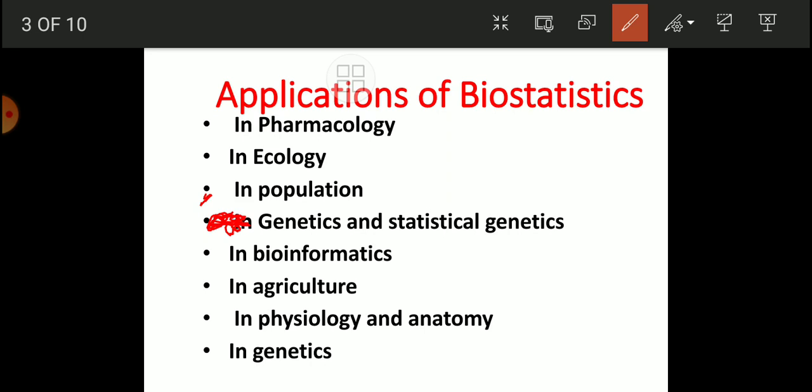We know that we have been studying plants which have a lot of importance in medicines, and that is nothing but pharmacology. Then ecology, population genetics and statistical genetics, bioinformatics, agriculture, physiology and anatomy, and genetics. Now in detail we will see how biostatistics is useful in these various disciplines of biology.